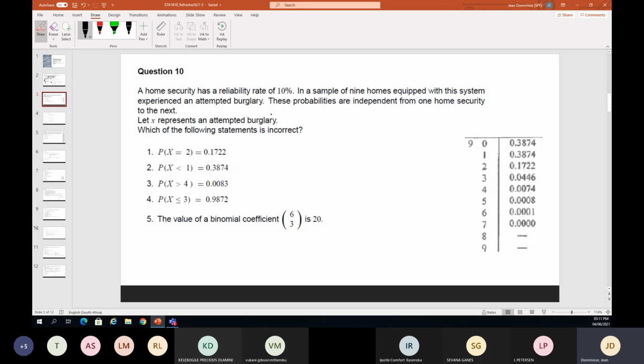A home security has a reliability rate of 10%. So it either works or it doesn't. That is also a success or failure. Reliability basically shows you if it's working or not.